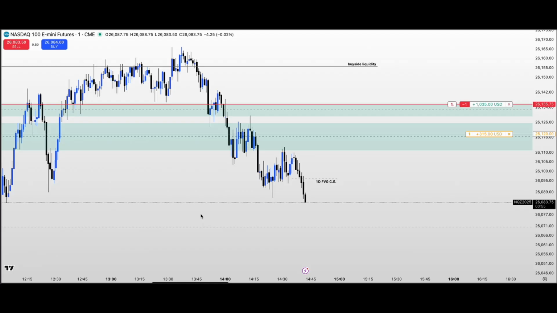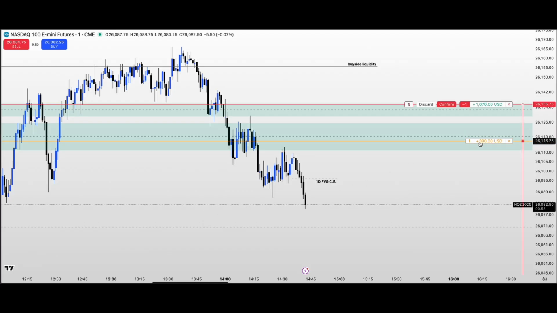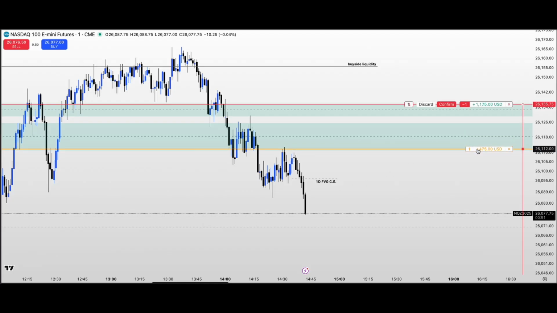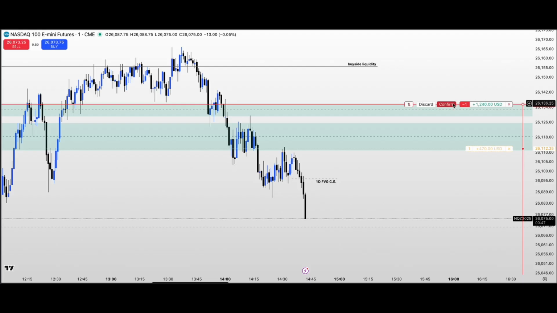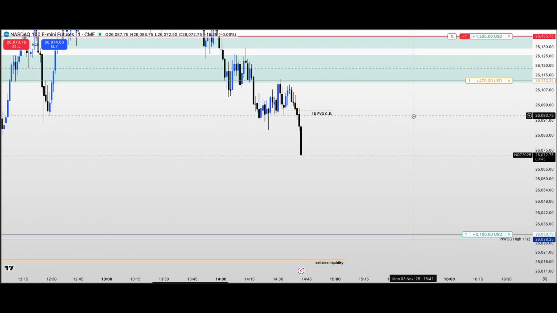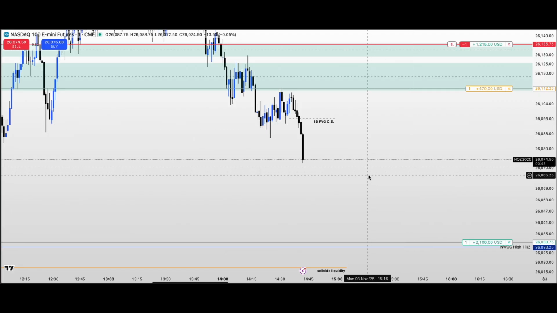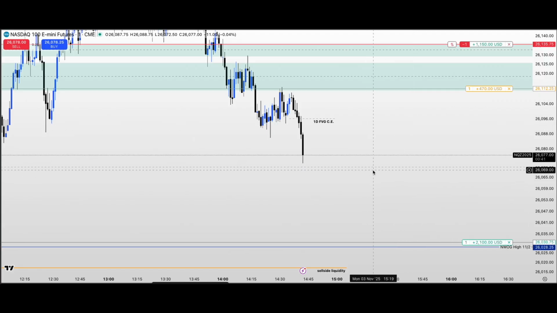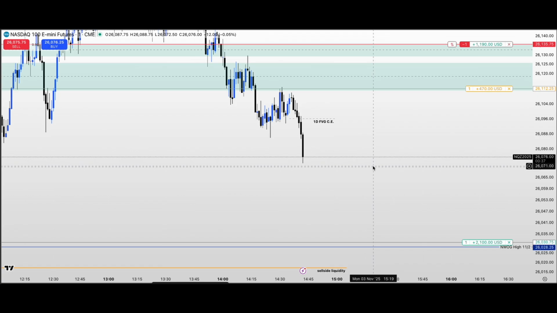All right, we've hit our first take profit. I want to trail this stop to here, the consequent encroachment of the daily suspension block.